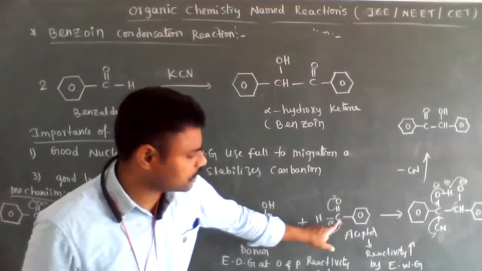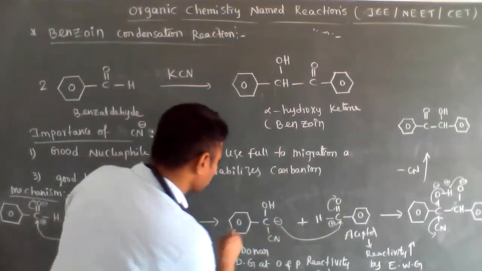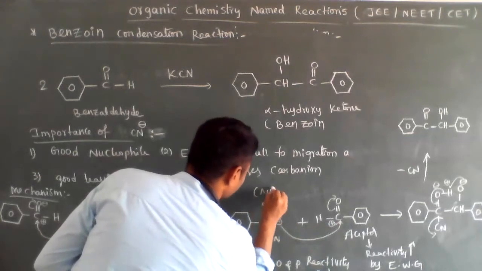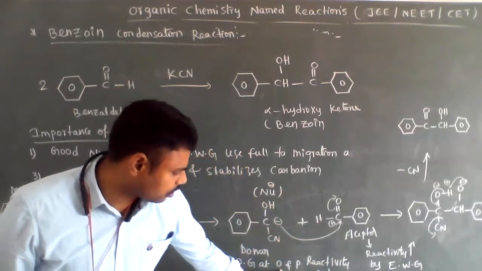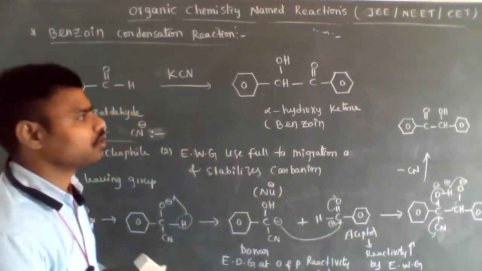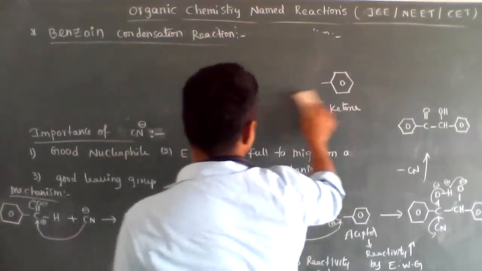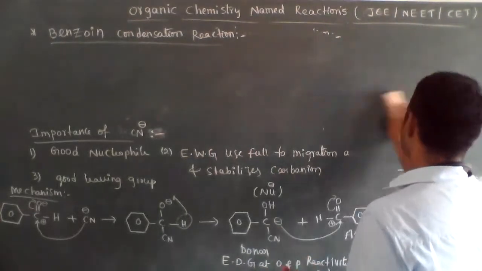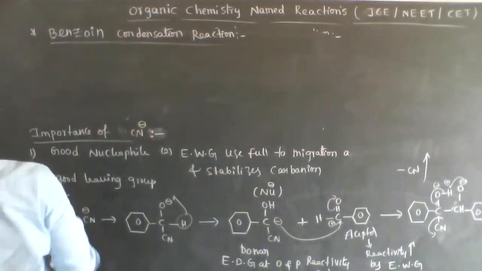This acts again as a nucleophile. Nucleophilic reactivity will increase in the presence of electron donating groups at ortho and para positions. The acceptor reactivity will increase in the presence of electron withdrawing groups.